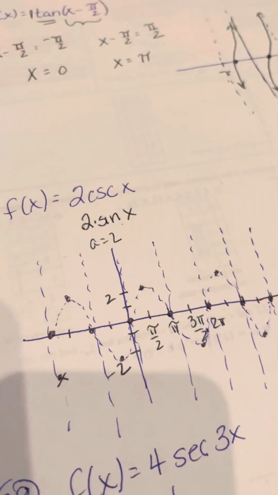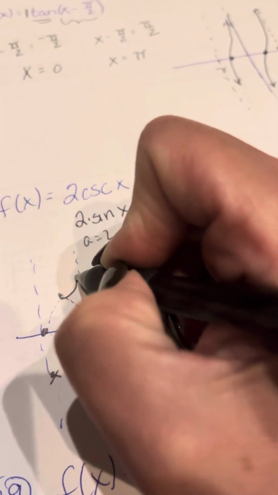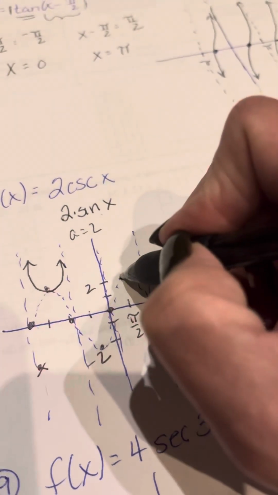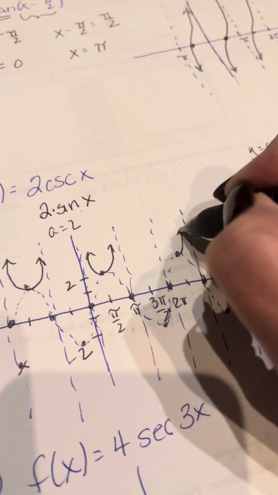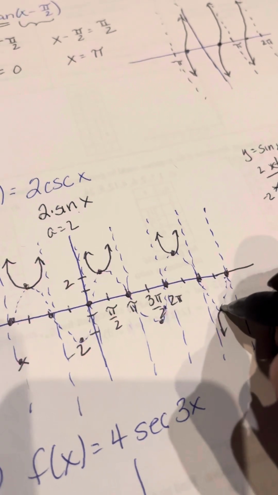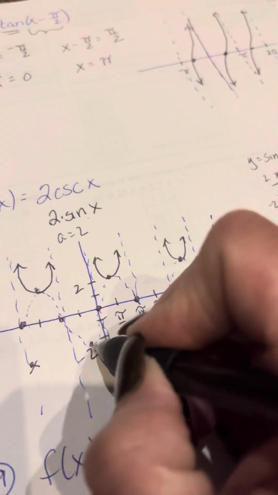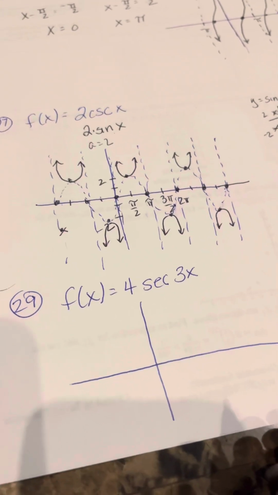And then at all the maximums of this graph, we're going to have parabolas whose vertex is the maximum of that graph opening up. And at all the minimums, we're going to have the vertex of a parabola opening down. There we go.